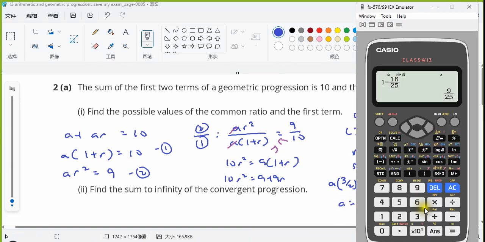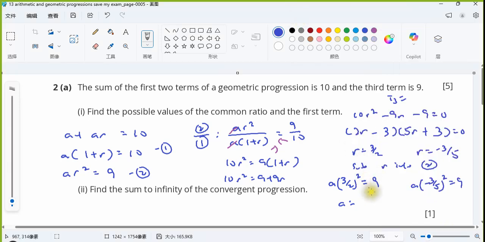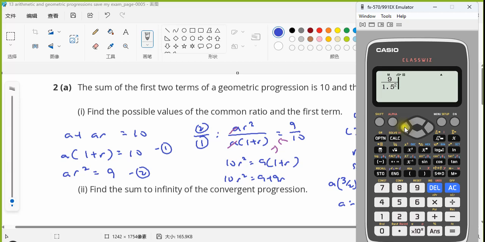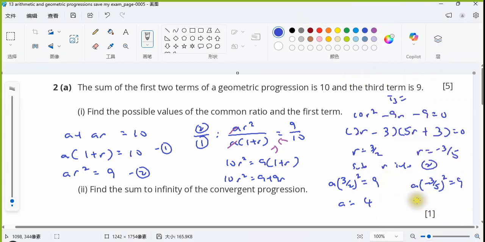So a will be 9 divided by 1.5 squared, then it's 4. And then 9 divided by 0.6 squared, negative 0.6. Okay, 3 over 5 is 0.6. And then negative we can ignore because the square of a negative is positive. So a is 25.